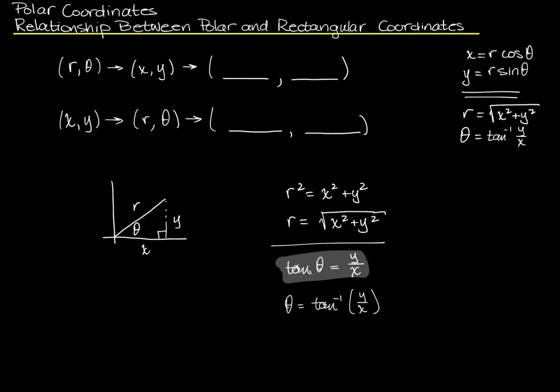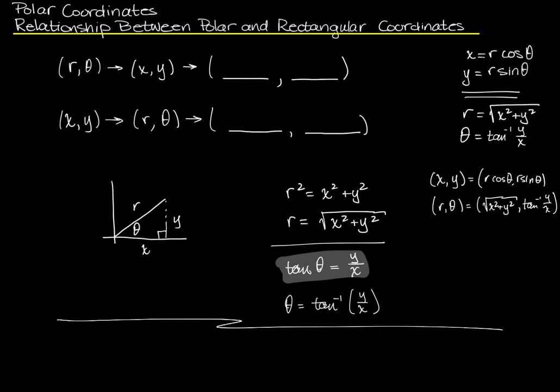But if I write x comma y equals r cosine theta, r sine theta, then I also like to write r comma theta equals root x squared plus y squared, that's my r, comma tan inverse y over x, that's my theta.